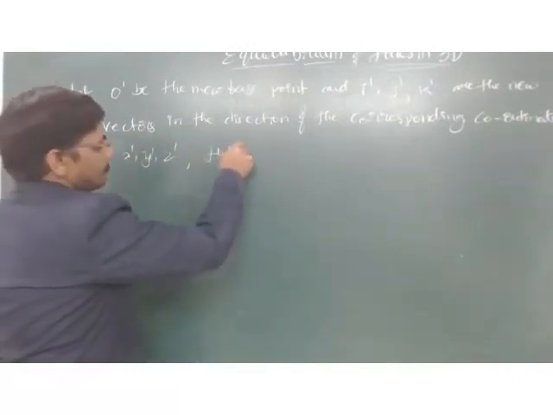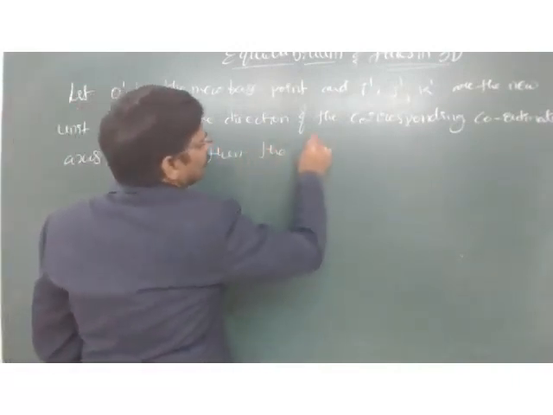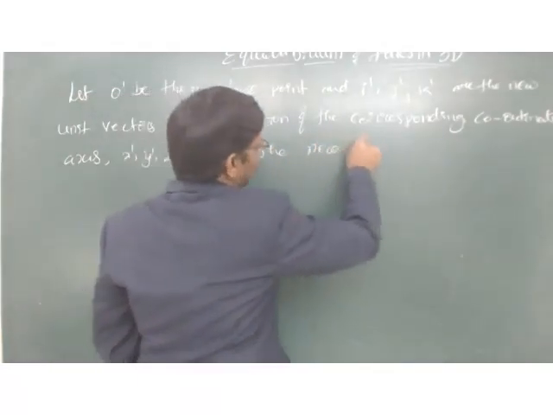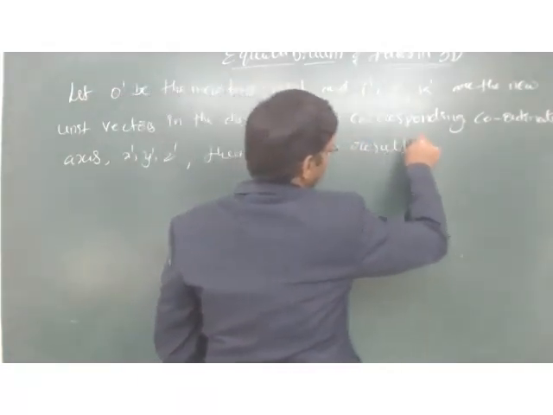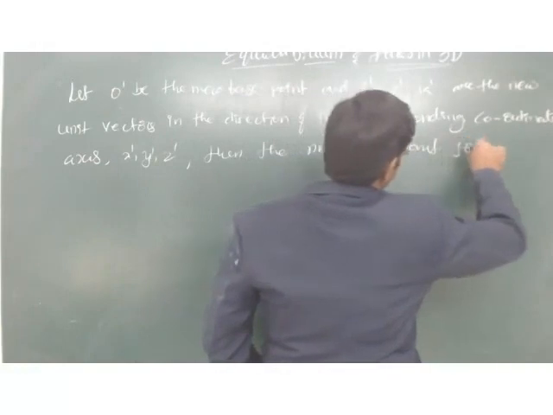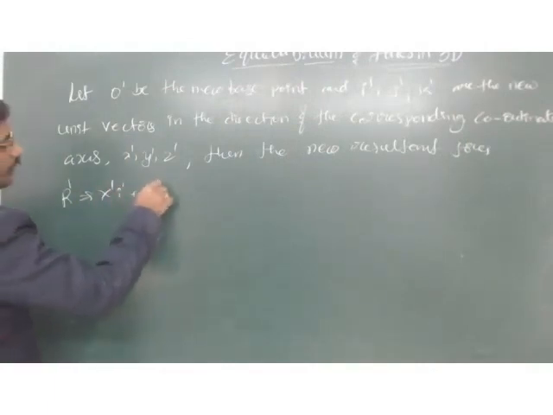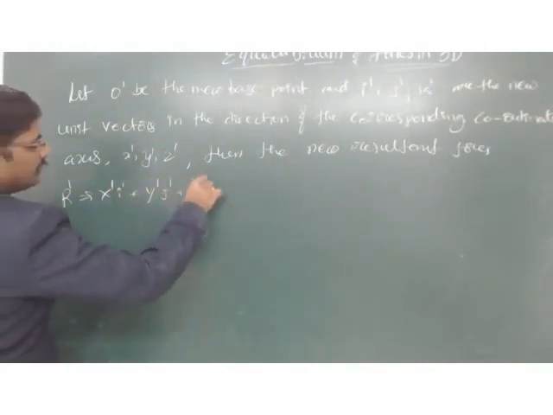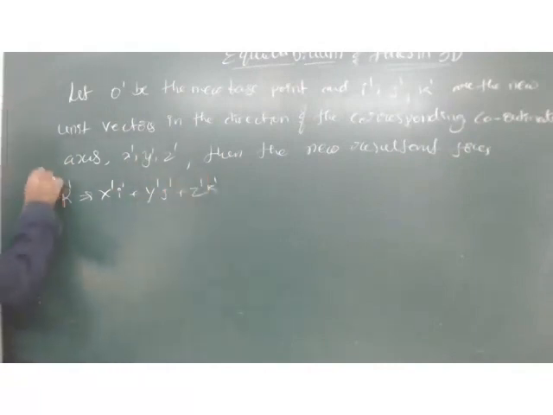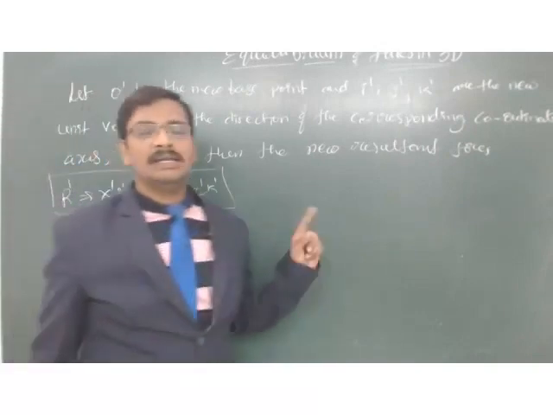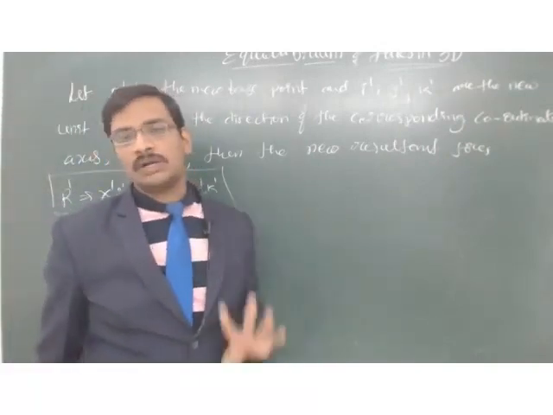Then the new resultant force R dash is equal to x dash into I dash plus y dash into j dash plus z dash into k dash. So the unit vectors are also different, because the result is independent of the axis whatever we select.